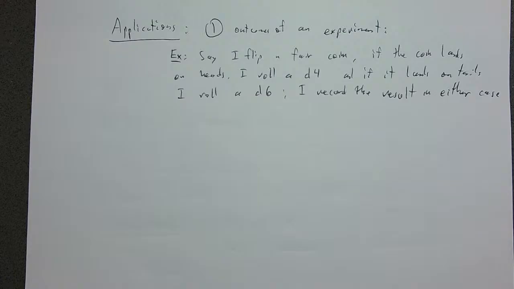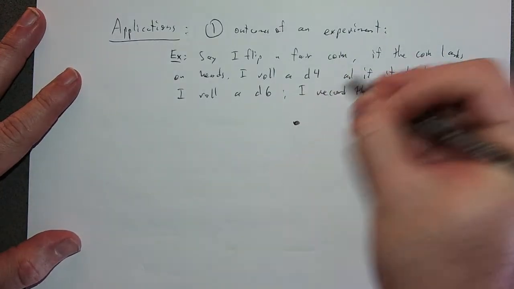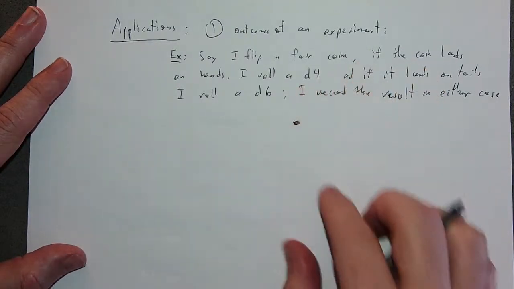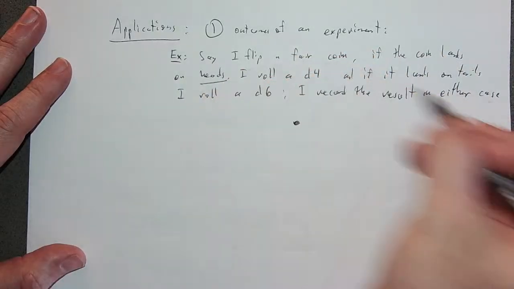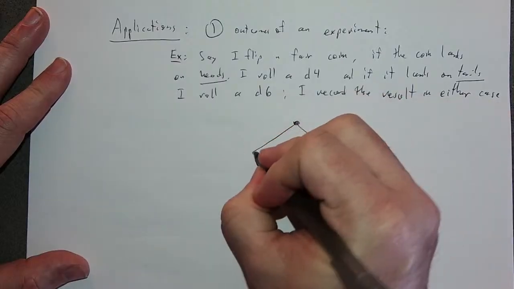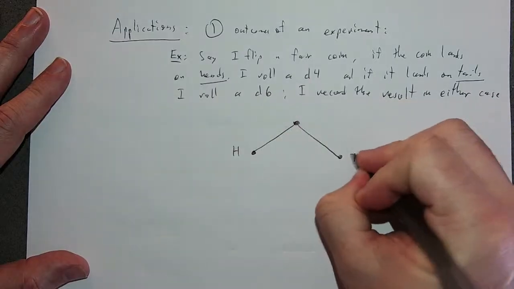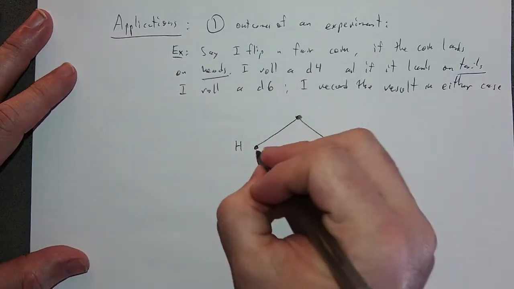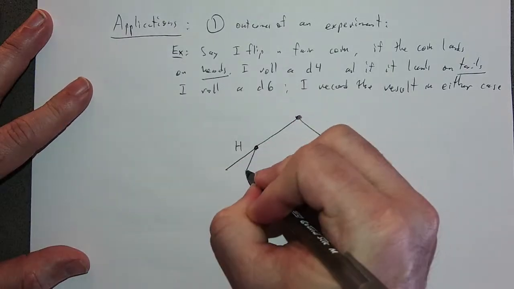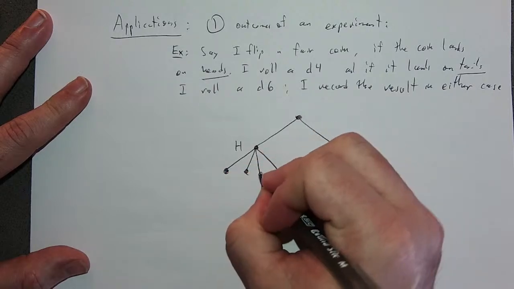What does modeling all of the outcomes look like? The first vertex I start at is basically before I've flipped the coin. Flipping the coin, there are two options, heads or tails. So we could have this vertex represent heads, this represent tails. Then if it lands on heads, I roll a d4, so from heads I would get 4 options here.